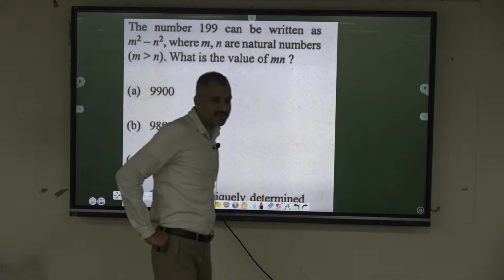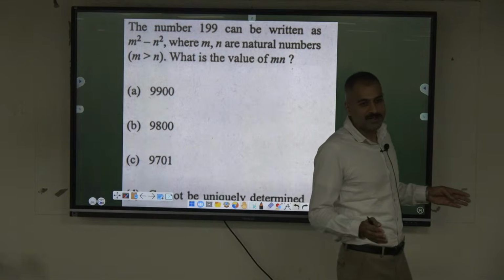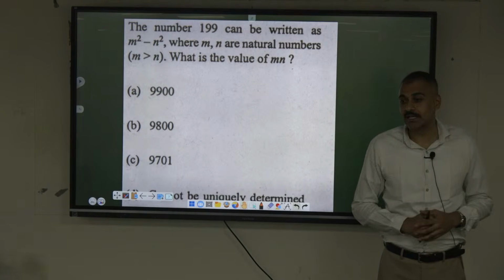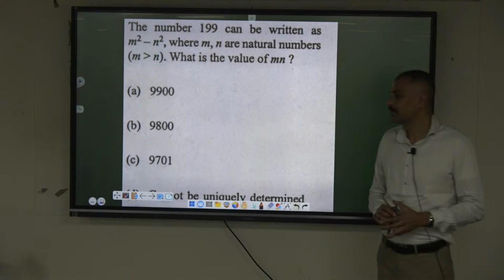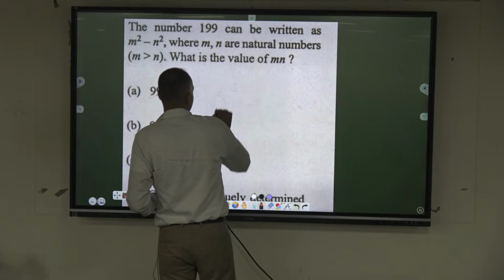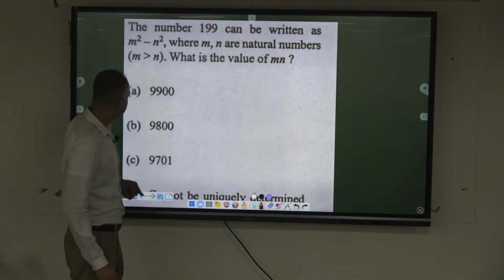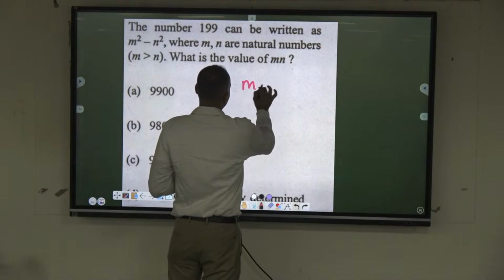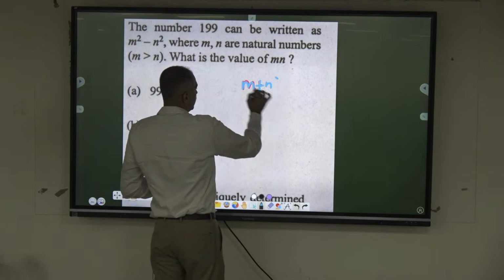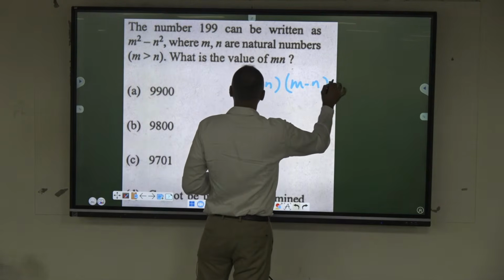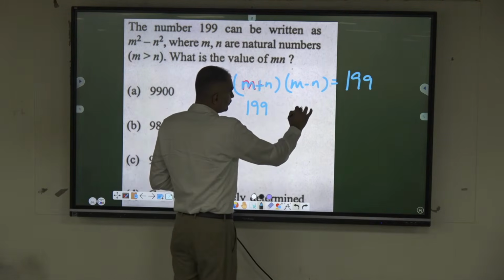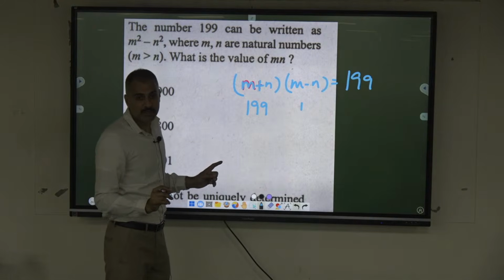It is the largest 3-digit prime number between 100 and 197. In this case there may be multiple values of m and n, but one of these options has to satisfy. Look here, (m plus n) into (m minus n) is equal to 199. Can I take 199 into 1? Possible?